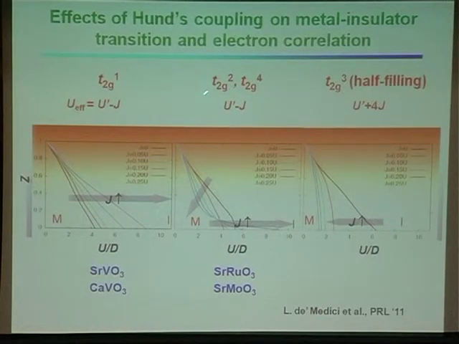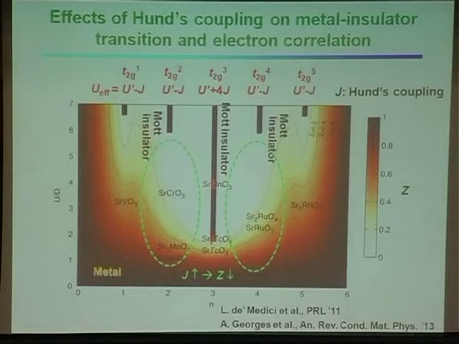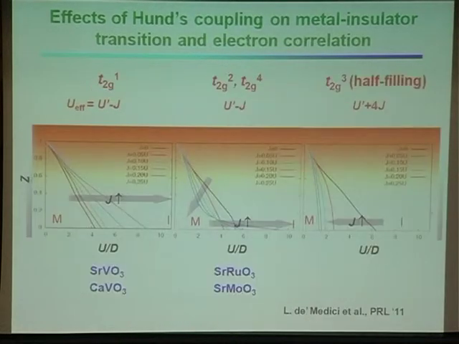But in between d2 and d4, in this region, the small U part and large U part show opposite behavior. Actually, the combination of this part and this part mimics this. So probably this region is quite special and maybe called a Hund's metal.